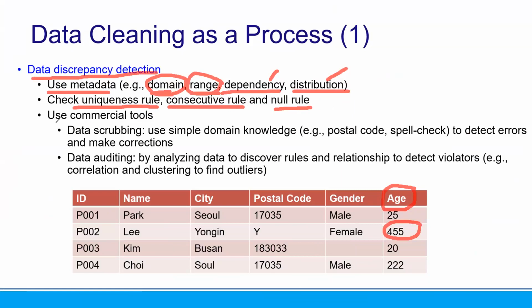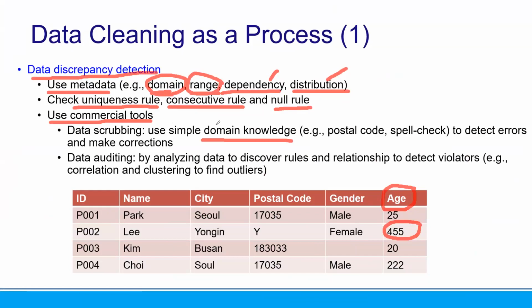We can use some commercial tools. Maybe in Korea, whenever you input your address, there will be some very good tools with the knowledge of addresses in Korea. You can put the address name, or you can type Musendong, and then it will show you all the possible addresses.